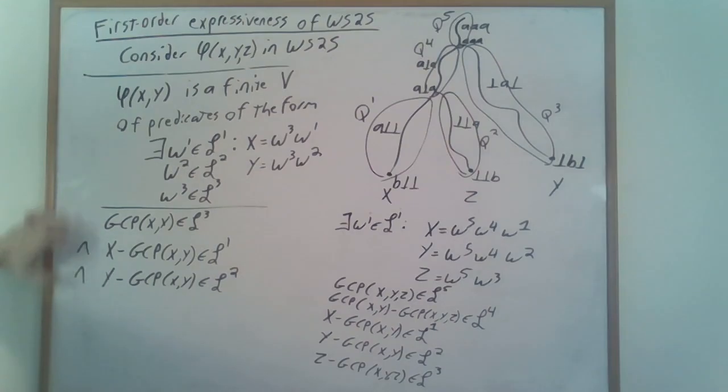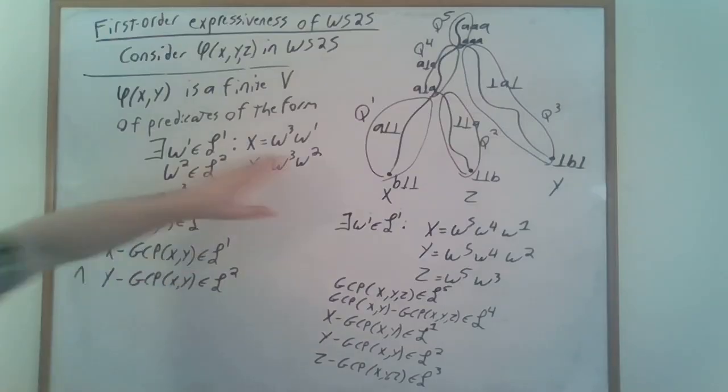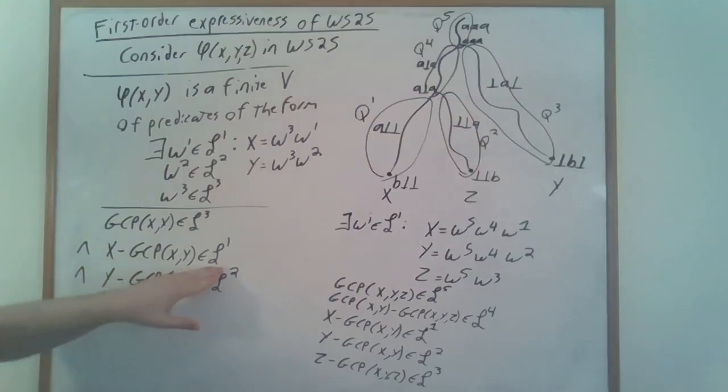It's just a combination of ANDs and ORs of atomic formulas involving the greatest common prefix operation, assertions that various elements, either greatest common prefixes or individual inputs, fall into some regular language, and assertions that the difference, where we're very careful about how we define this, that the difference between two things that we can write out falls into some regular language.